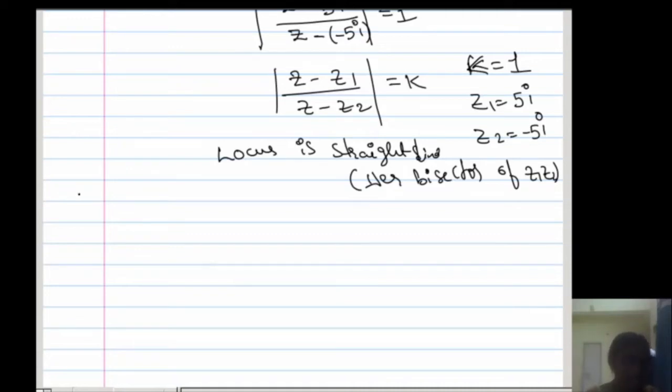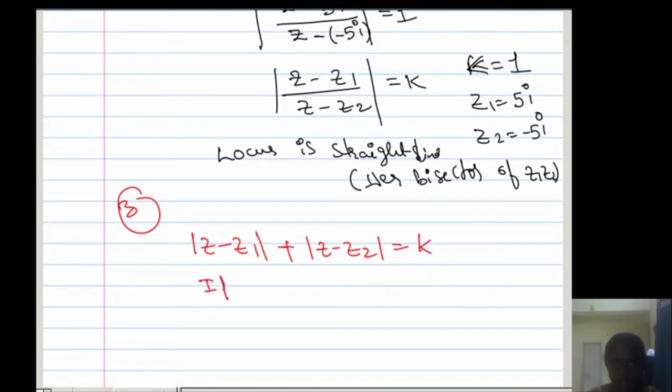Okay, so now you can also get one more thing, ellipse and hyperbola. What is the ellipse here? You have to remember the standard form: mod z minus z1 plus mod z minus z2 is equal to k. If k is not equal to mod z1 minus z2, then it represents an ellipse.